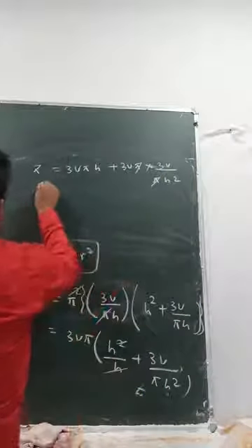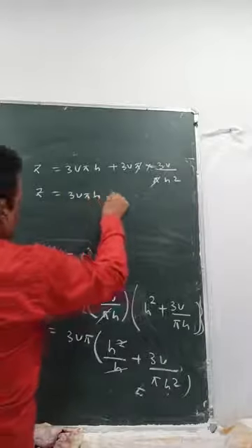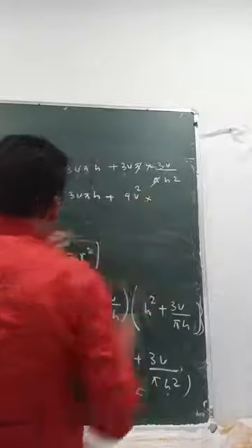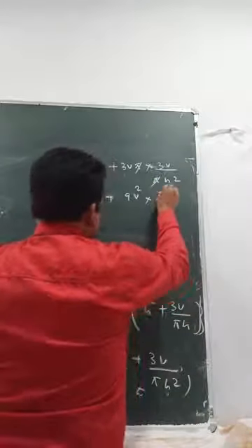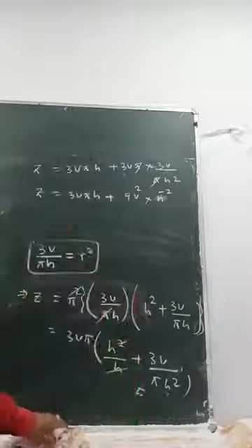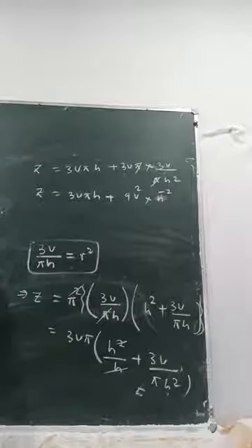So z equals to 3v pi h plus 9v square by h square. Because you are going to find the derivative, this h in the denominator you have to take to the numerator, h to the power minus 2. Okay. R square is 3v by pi h. Let's keep it.